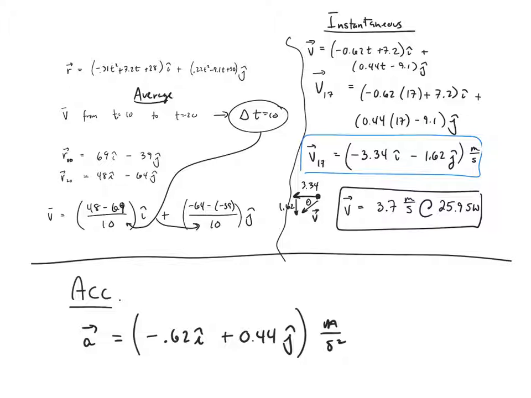Now, what about the average acceleration throughout the entire time period? We could figure it out, right? We could take our velocity function, which is right here at the top, plug in 10 and then plug in 20, subtract them, and divide by the total of 10 seconds, kind of like we did here. We would do this entire thing again, but instead it would be acceleration.